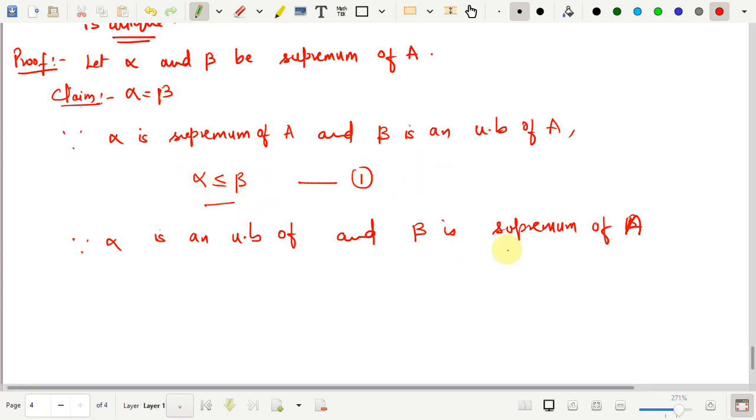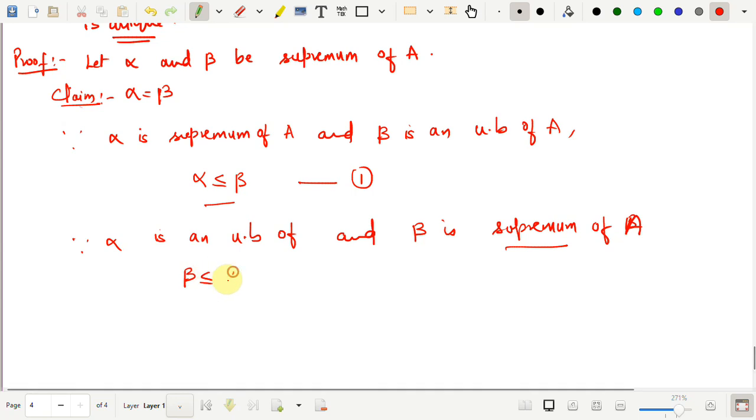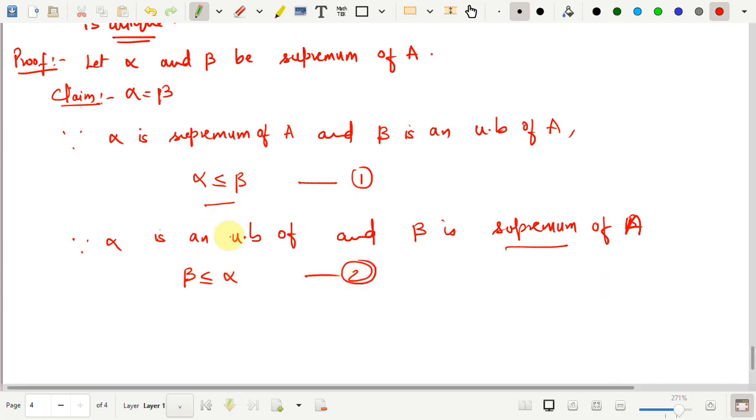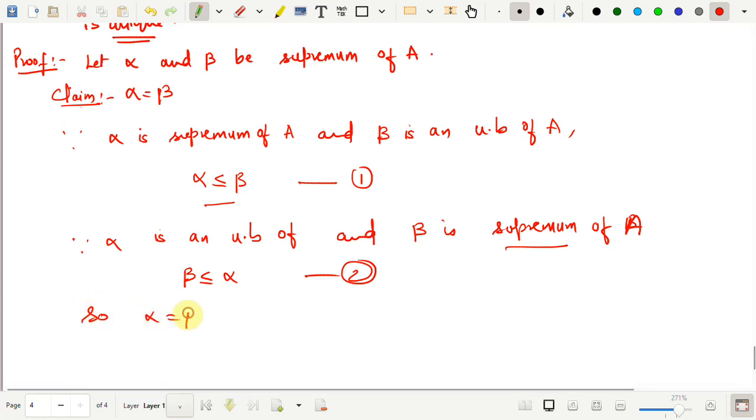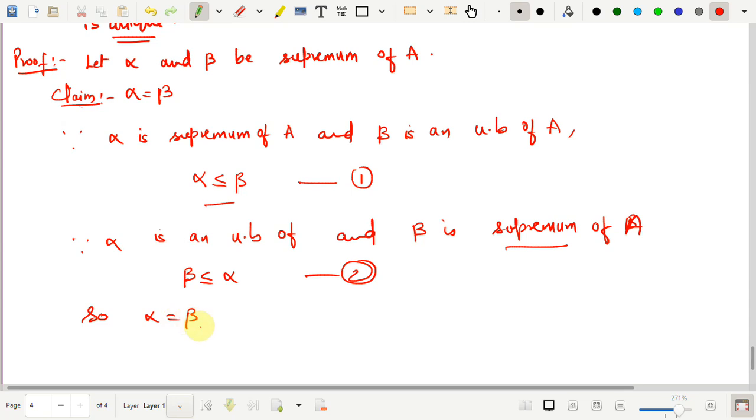Now in this case I am considering beta as the least upper bound and alpha as any other upper bound, so we should have beta less than or equal to alpha, and so we have alpha less than or equal to beta and beta less than or equal to alpha. So by law of trichotomy we should have alpha is equal to beta.